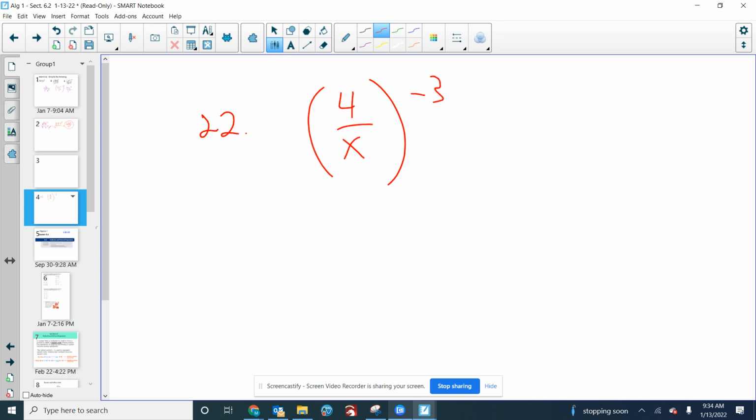What's my first step? Get rid of the negative 3 exponent. How? Flip everything. And that becomes positive. These are both to the first power, right? Inside.